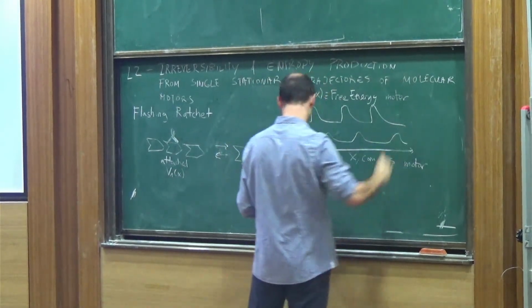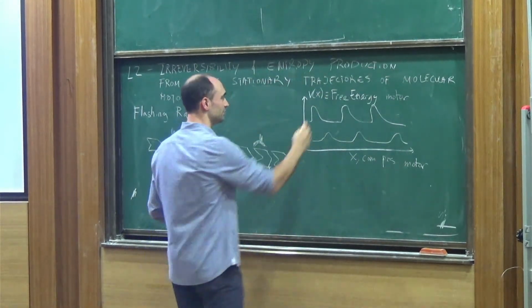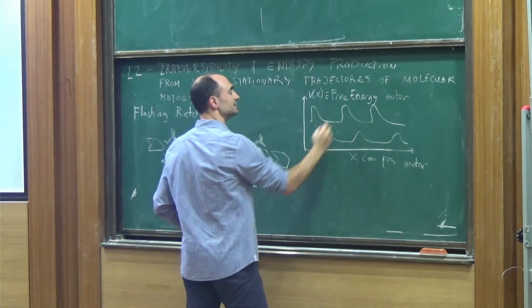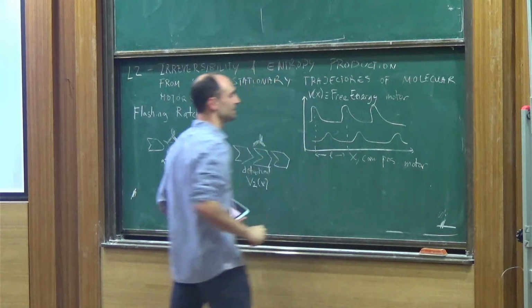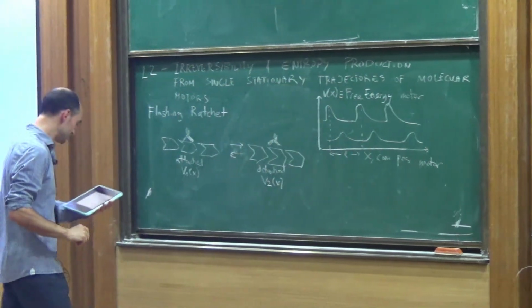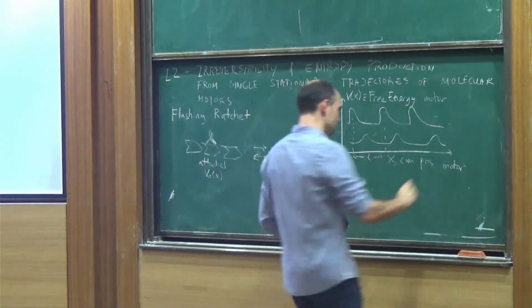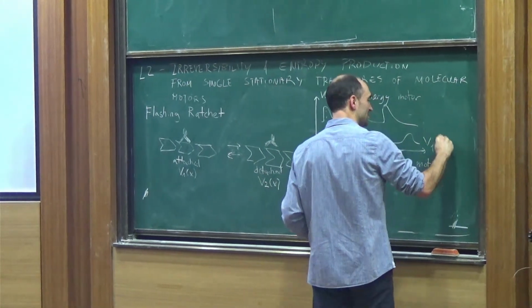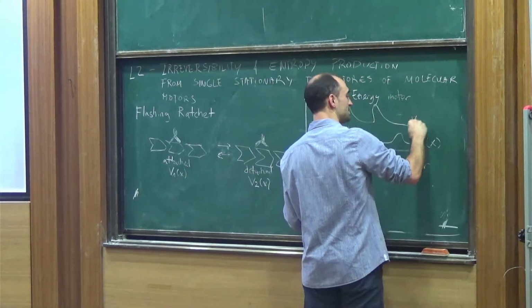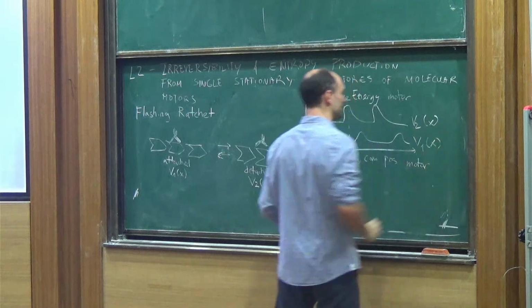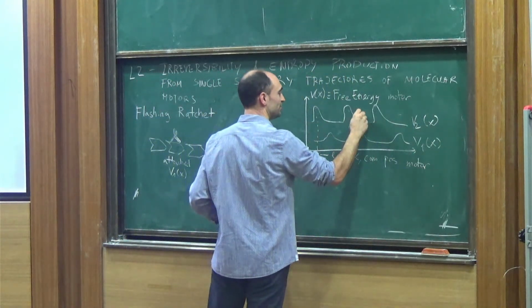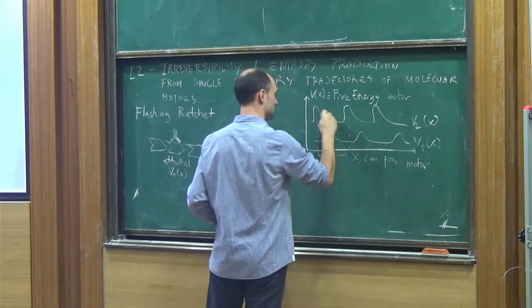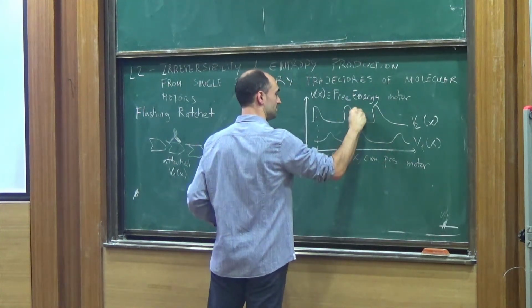Both have the same period, n. So the motor is either in the lower potential, which I will call P1(x), or in the upper potential, which I will call P2(x). And the current position of the motor will be, for example, here.